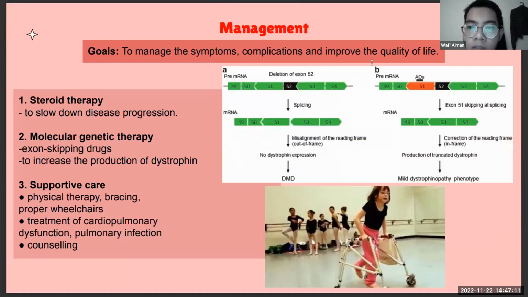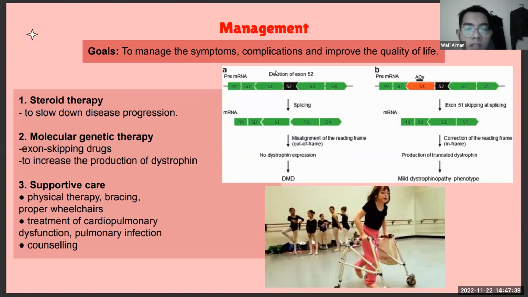The management goal is to manage the symptoms, complications, and improve the quality of life because muscular dystrophy cannot be treated fully. So the first one, we can give steroid therapy to slow down disease progression. And then we can do molecular genetic therapy to increase the production of dystrophin. And then we can do supportive care, for example, proper wheelchair, treatment of cardiopulmonary dysfunction and pulmonary infection.